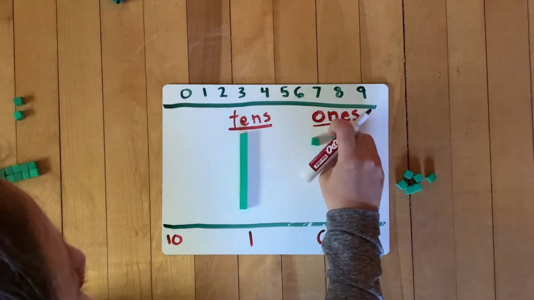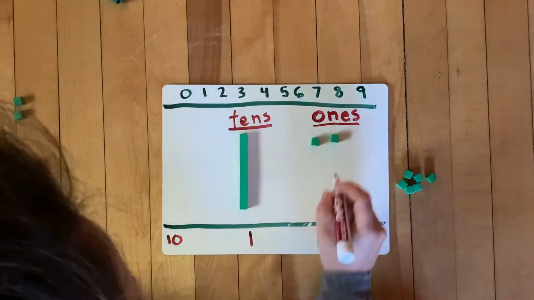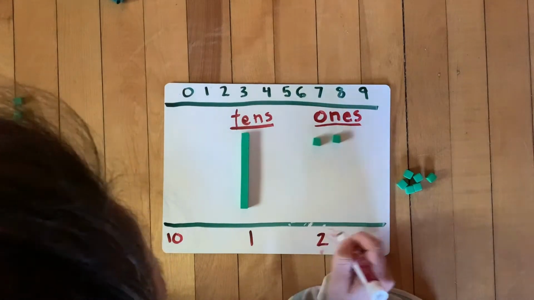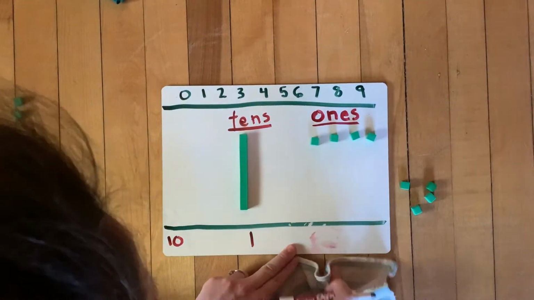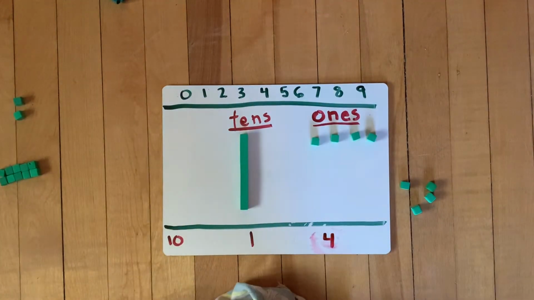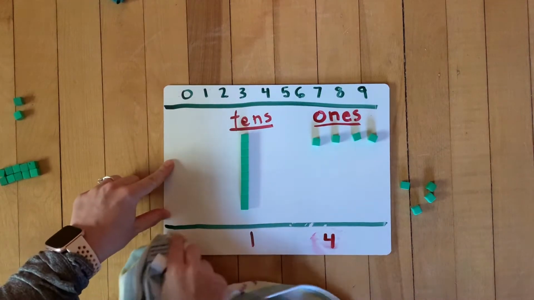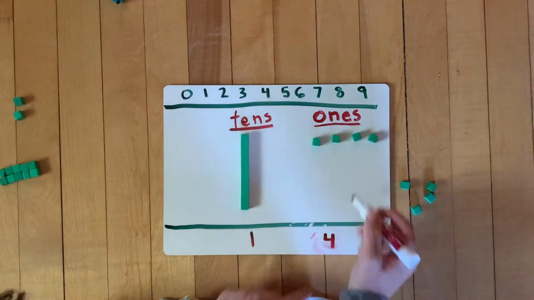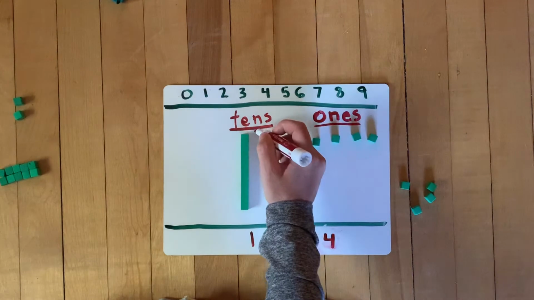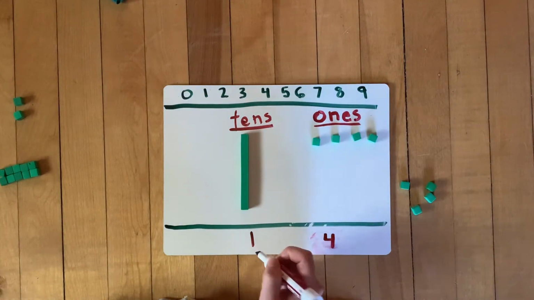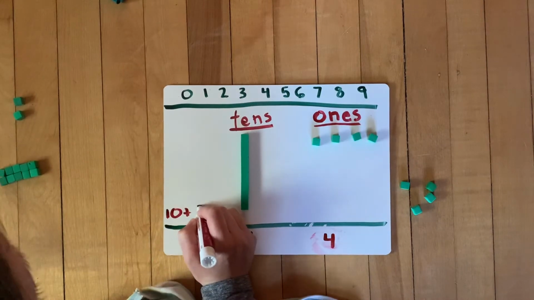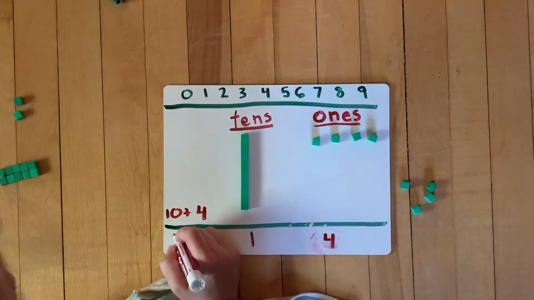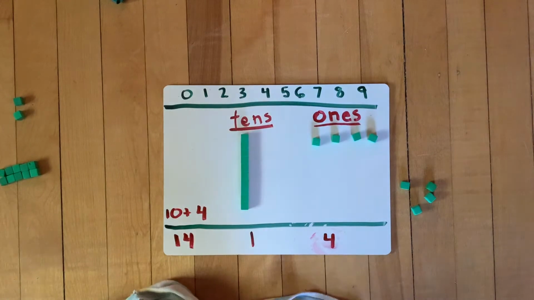Then we kept counting. 11, 12, 13, 14. The digits tell us how many 10s and 1s there are. The 1s digit shows us how many 1s, and the 10s digit shows us how many 10s. So 1 ten and 4 ones is the same as 14.